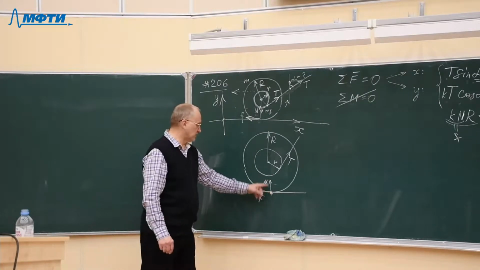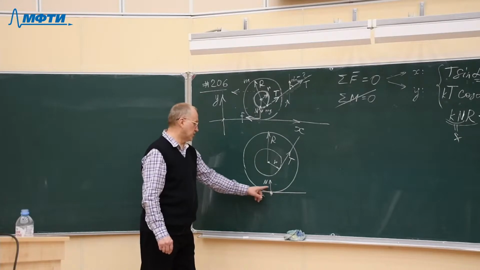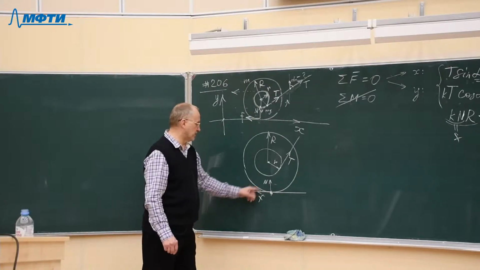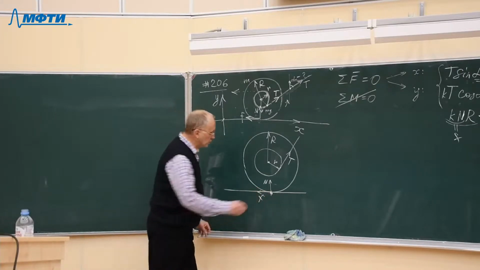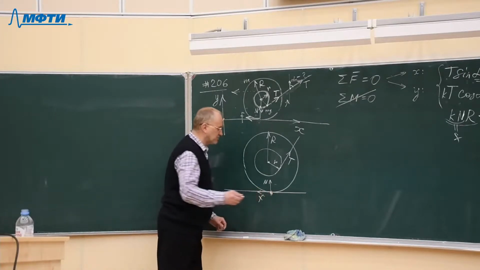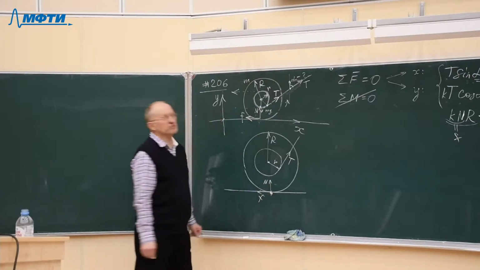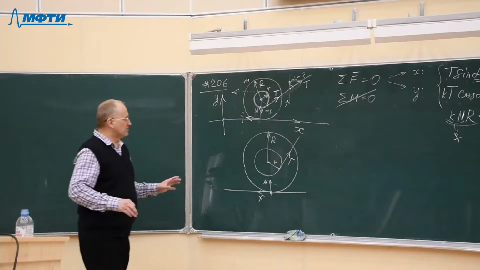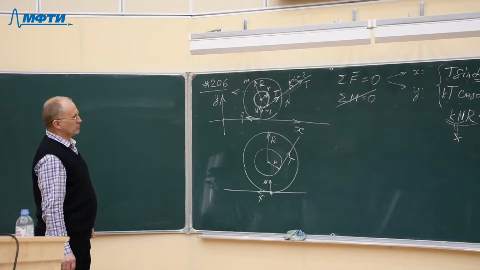The arm of the N force is 0 and the arm of the F force is 0. So we don't have to take into account the torques of these two forces, which makes it much easier to solve the problem.